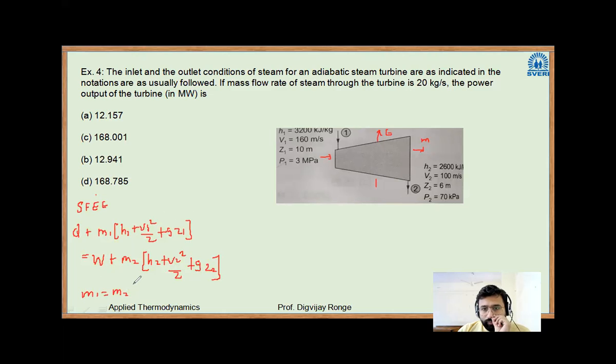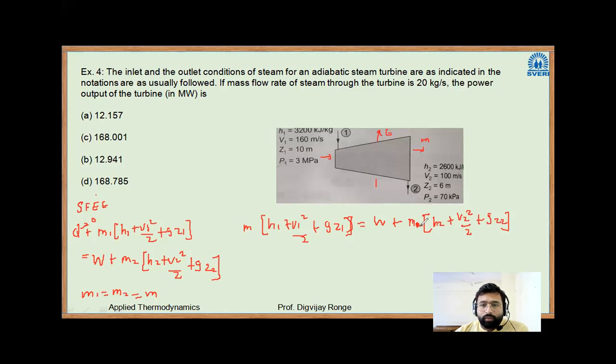So we are assuming that the mass flow rate is constant. In this case, there is no heat transfer, so Q is 0 and this equation will reduce to M into H1 plus V1 square by 2 plus gZ1, equal to, again W will be there, the work output, plus mass flow rate into H2 plus V2 square by 2 plus gZ2.